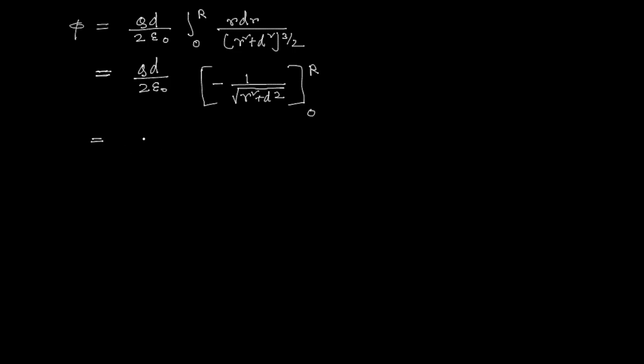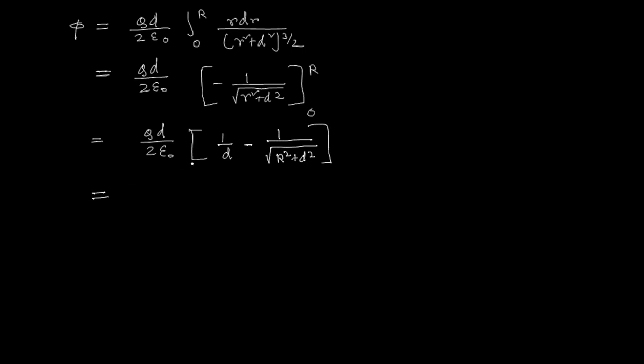So when you do that, finally what you'll get? You will get qd divided by 2 epsilon naught. When you put a lower limit, you have to put a negative sign, so this negative sign will be plus. So then we'll get 1 divided by d minus 1 divided by under root of capital R square plus d square.